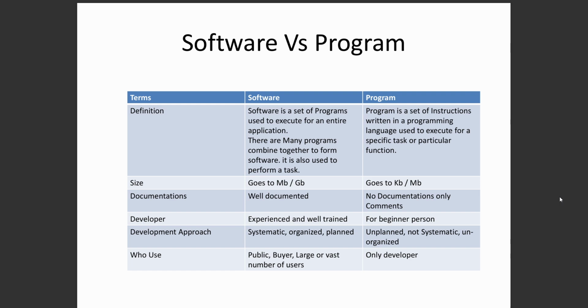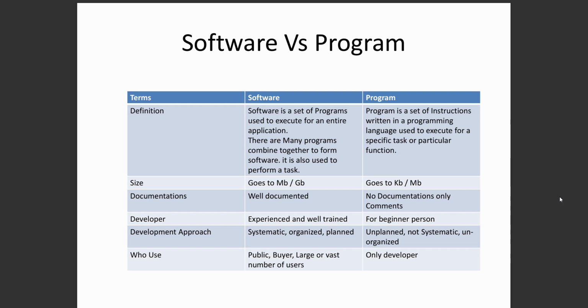At the same time, a program is only a set of instructions written in a programming language used to execute a specific task or a particular function. The second major difference is the size, which says that software is much huge in size compared to a small program. And the third major difference is documentation.